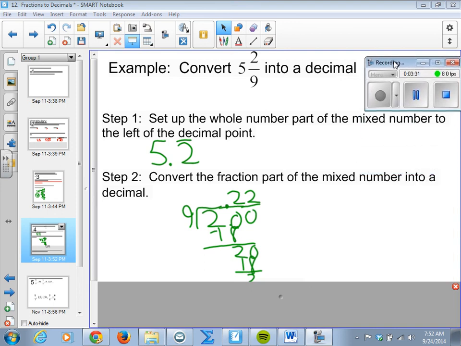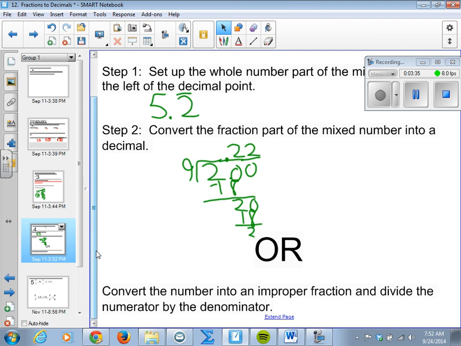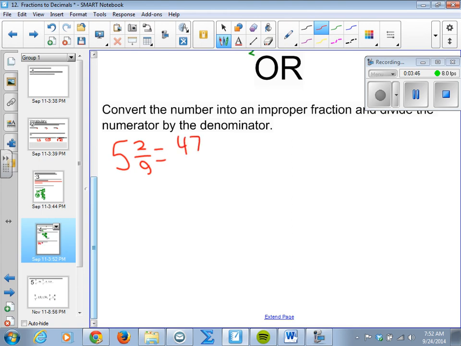If that whole number thing kind of throws you off, we could just make it into an improper fraction. We have 5 2/9, which turns into 5 times 9 is 45, plus 2 is 47. 47/9. So we can divide then 47 by 9. 9 goes into 47 5 times. 5 times 9 is 45.